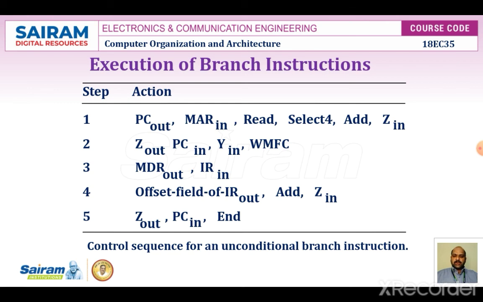The addition operation is performed and the output is produced to the Z register. Finally, the result, which is the branch target address, is loaded into the program counter. That is, the Zout data is loaded into the program counter, and the end signal indicates completion of the instruction. In such a way, the control sequence for an unconditional branch instruction is performed.